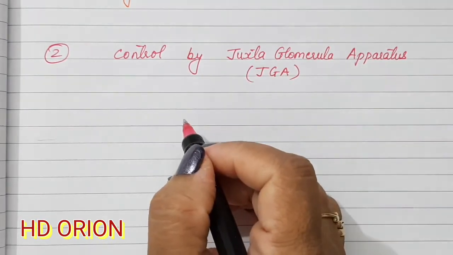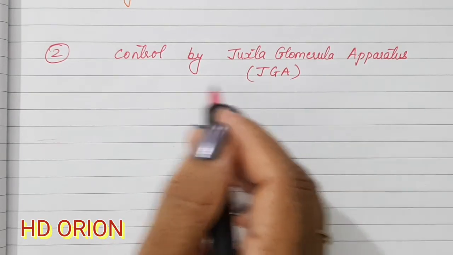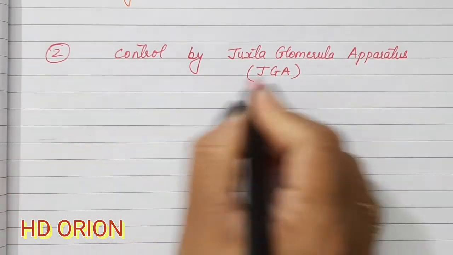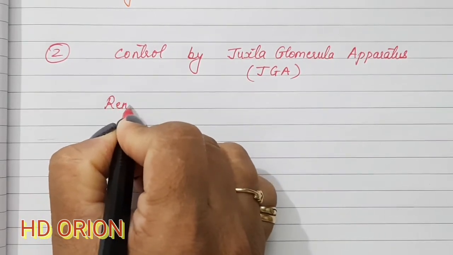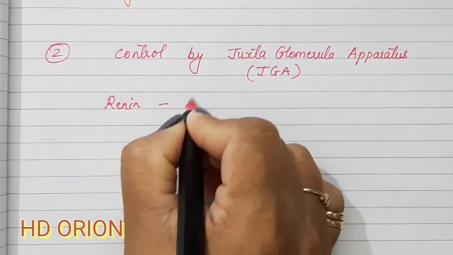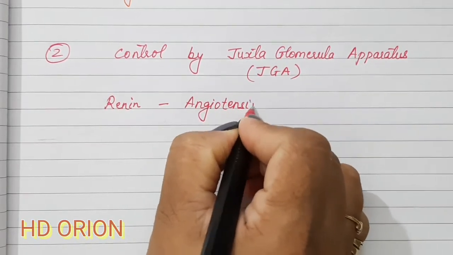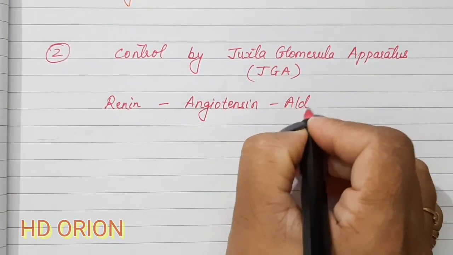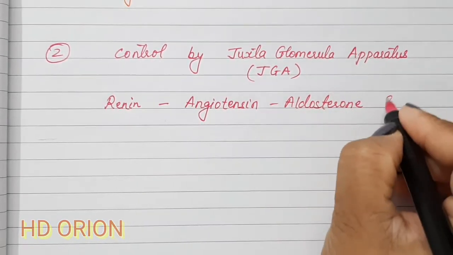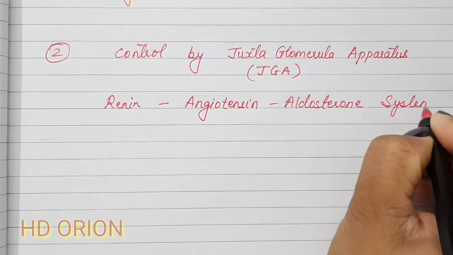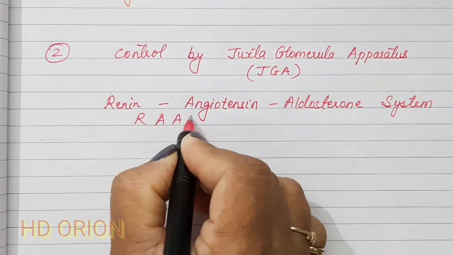Now what happens in this is, there is a system of 3 hormones: renin, angiotensin, aldosterone. These are the 3 hormones, and this is a system. So often it is asked, what is RAAS?